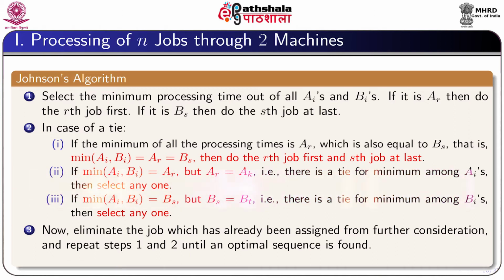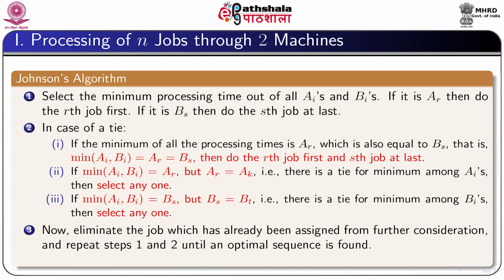Step 2. In case of a tie, we have three options. If the minimum of all the processing times is Ar, which is also equal to Bs, that is, minimum of Ai, Bi equal to Ar equal to Bs, then do the rth job first and sth job at last.